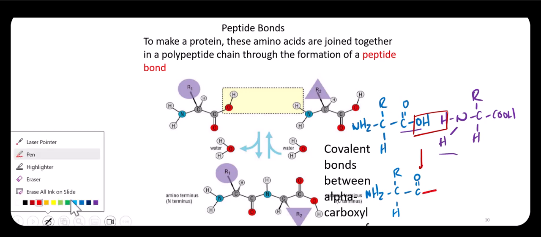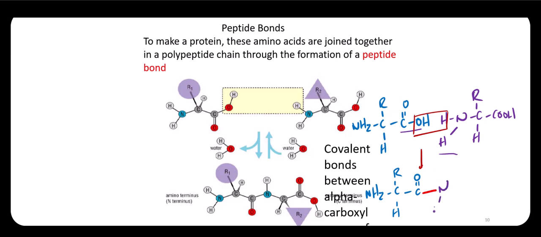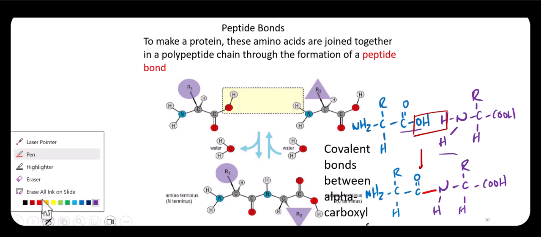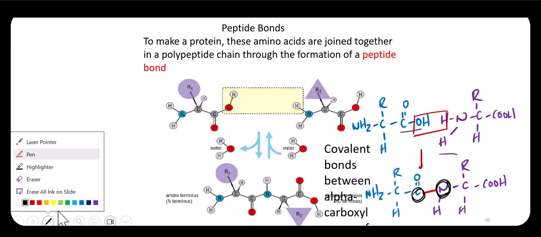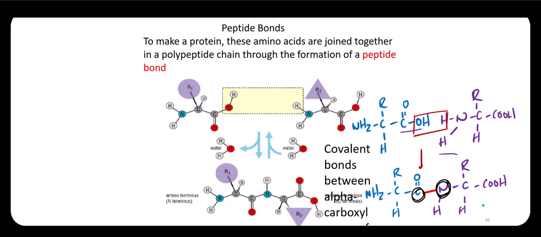That's my peptide bond. So what I've done is I've joined my carboxyl carbon of one amino acid to my nitrogen of the other amino acid, and I've done it with that red bond, my peptide bond. And then I end up with a water, the hydrogen and the hydroxyl that I took off of there. So this is my peptide bond.